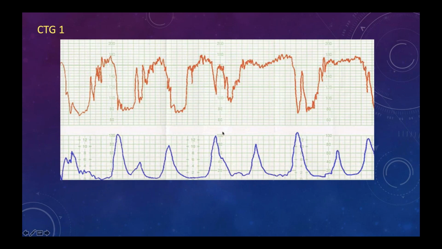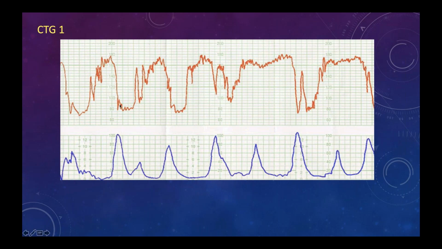Okay, now you see, you take a 10-minute trace. So contractions are 1, 2, 3, and 4. These are 4 contractions. So what is 50% of 4? It is 2.